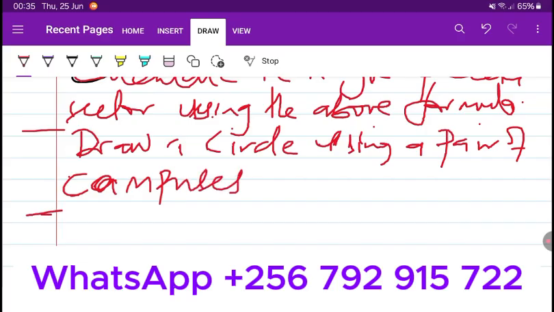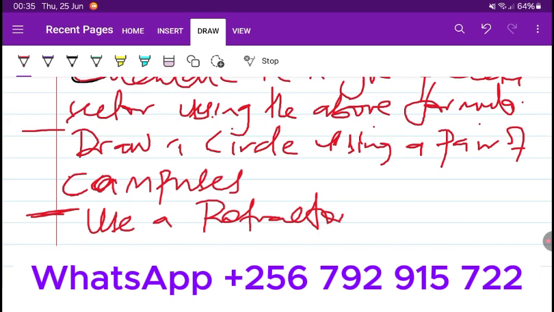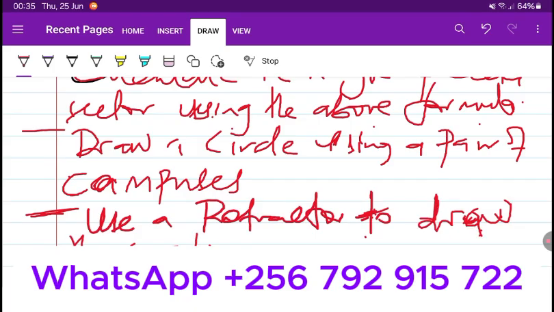The third step is to use a protractor to draw the angle of each sector.